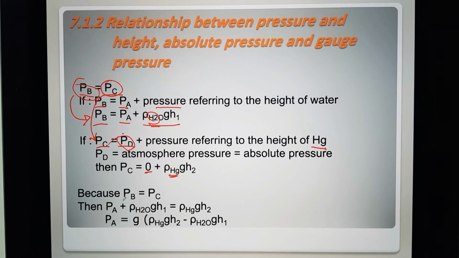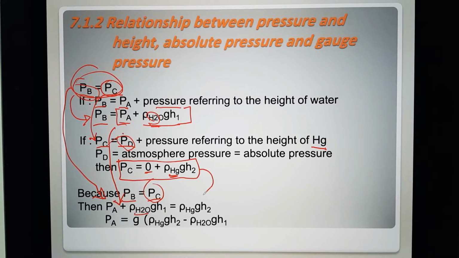Since PB is equivalent to PC, when we rearrange this equation again, PB equals PA plus H rho G for water, and PC is H rho G for Mercury.